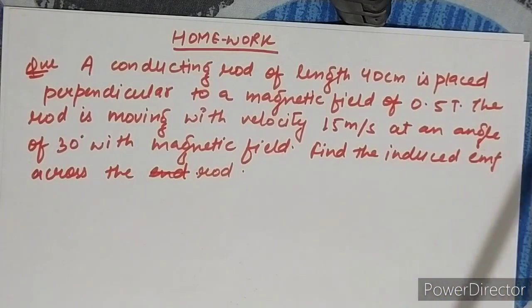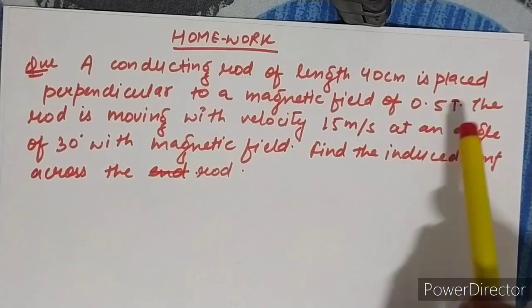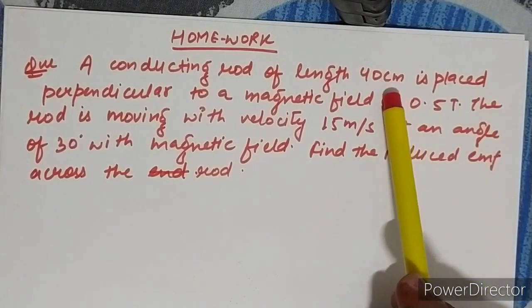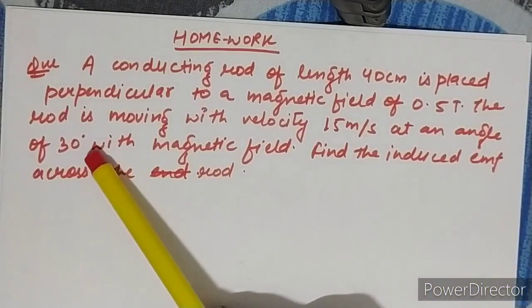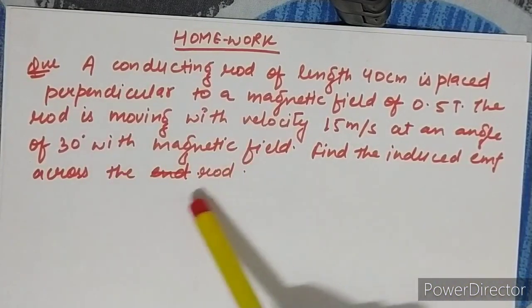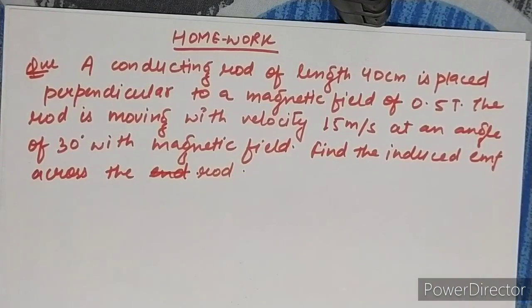You have to calculate the induced EMF across the rod. For the perpendicular component, it will be BLV sin theta. The value of B is given, convert the length into meter, V is there, the angle is 30 degrees, sin 30. So simply use the formula and solve it. Clear? This is your homework.